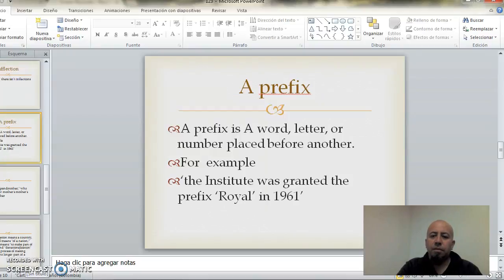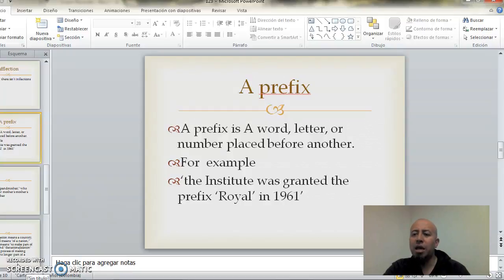A prefix is a word, letter, or number placed before another. For example, as you can see here, the institute was granted the Princess Royal in 1961.